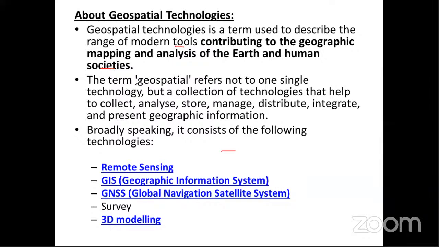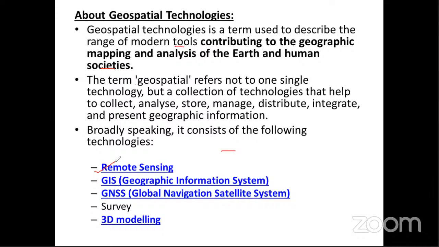So the term geospatial refers not to one single technology, but to a collection of technologies that help to collect, analyze, store, manage, distribute, integrate, and present geographic information. Broadly speaking, it consists of the following technologies. First is remote sensing, like Earth observation satellites, that help understand soils, quality of soils, groundwater, rivers, and glaciers, to know in which part the Himalayan glacier is melting more or not.